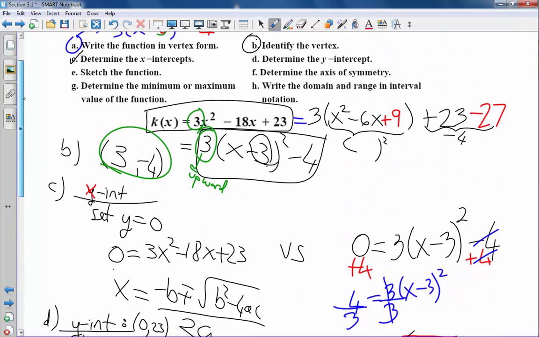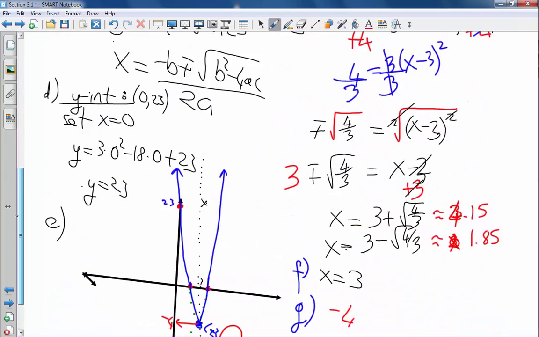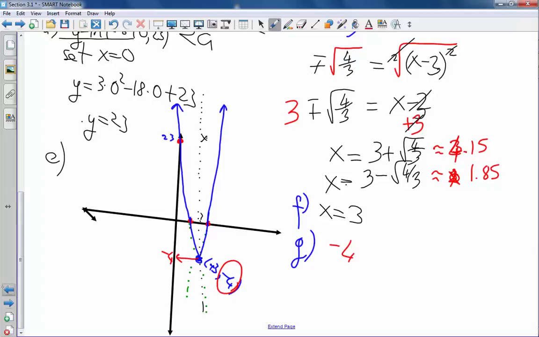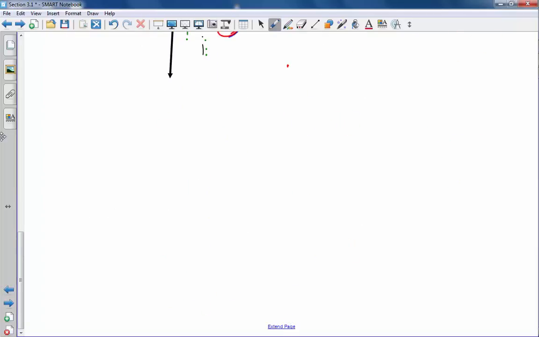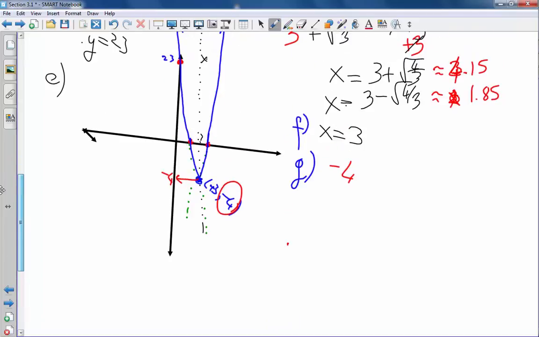H, domain and range. The domain of all quadratic functions is always the same. What is the domain of all quadratic functions? Yep, this is the domain. All real line. Okay, how about the range?